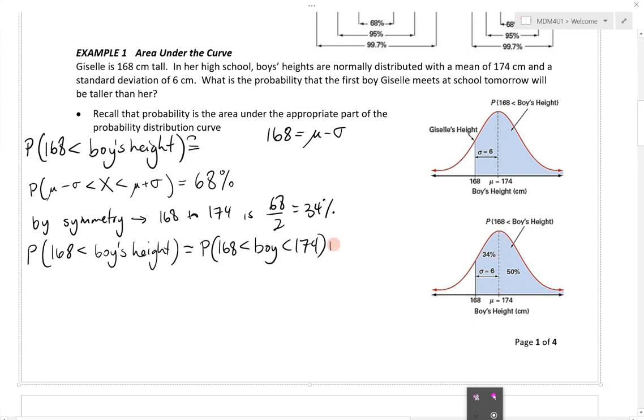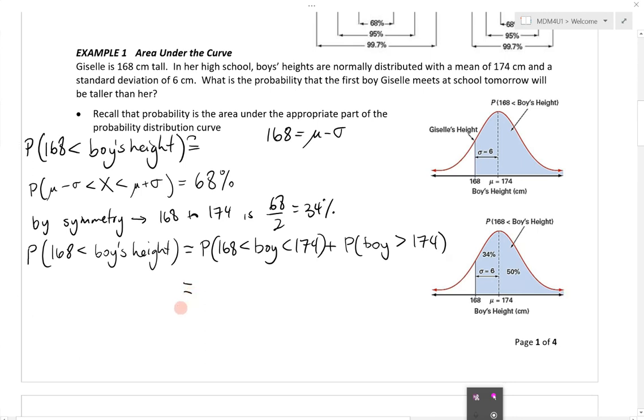And then I can add the probability that the boy will be taller than the mean value. So the probability that the boy is greater than the mean value, 174. Okay, and we know that is 50%. Okay, 50% represents half the graph, the bell-shaped curve, because this bell-shaped curve is symmetric about the mean value. So half the values are below and half the values are above.